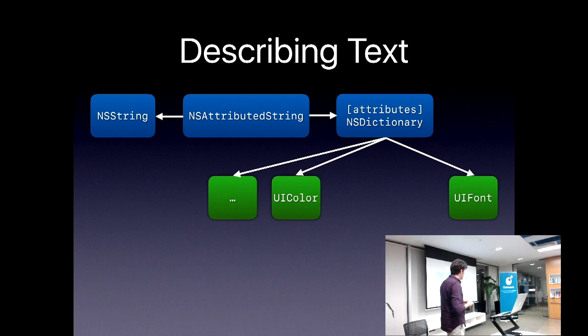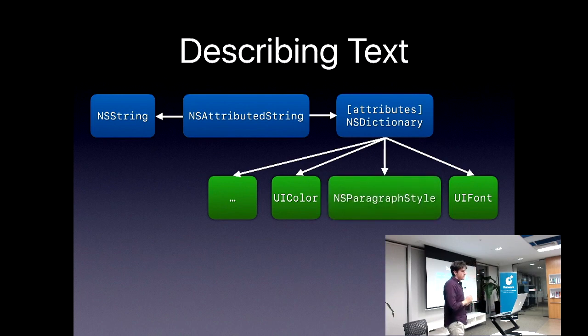So, for example, if you want to specify the font of a range of characters, you specify that using the key NSFontAttributeName, and so on. NSForegroundColor, NSBackgroundColor, NSLinkAttributeName, and so on.